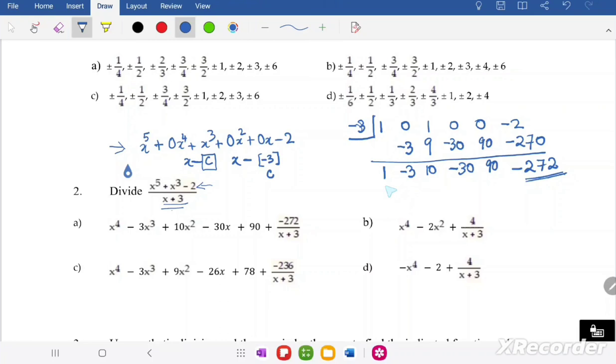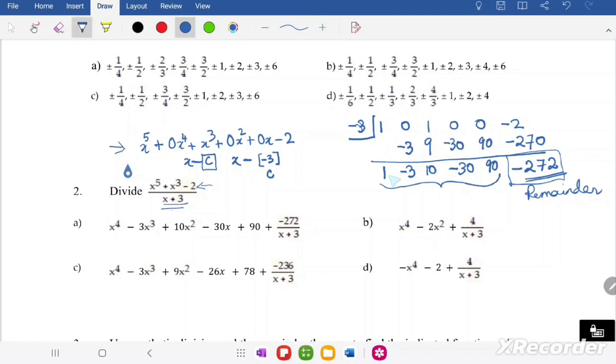This is the remainder, and we have to form the quotient using all the other values under the line. The last one is set to be the remainder. Now, to put the variables, we have a highest exponent in the original polynomial. The highest exponent was 5. So the quotient's exponent is going to be 1 less than the leading term in the original polynomial.